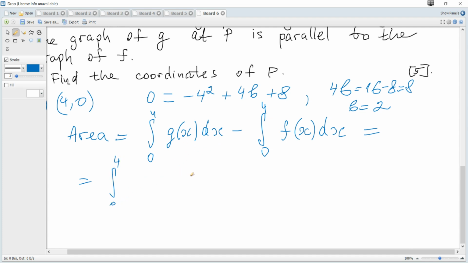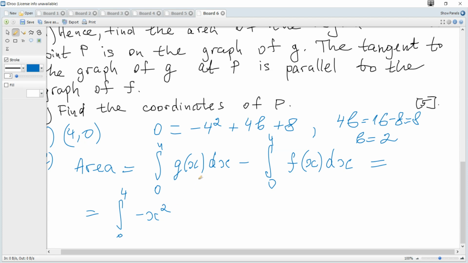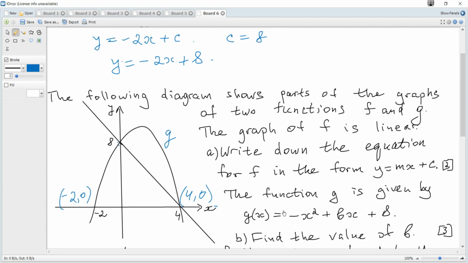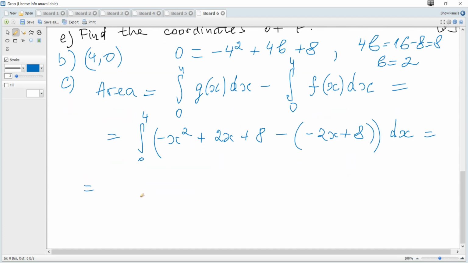So it is equal to g, and g is negative x squared plus 2x plus 8, minus f, which is negative 2x plus 8, dx. It becomes the integral from 0 to 4 of negative x squared plus 4x plus 8 minus 8, which is 0, dx, as required.